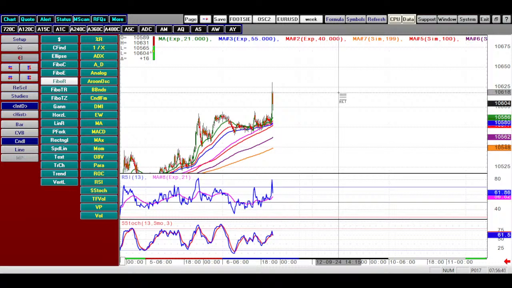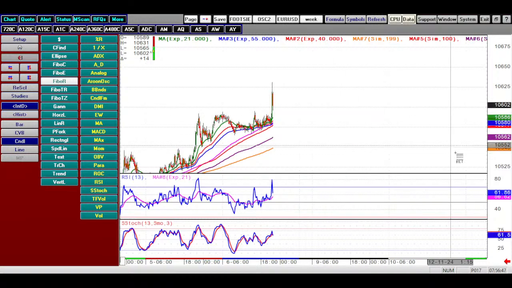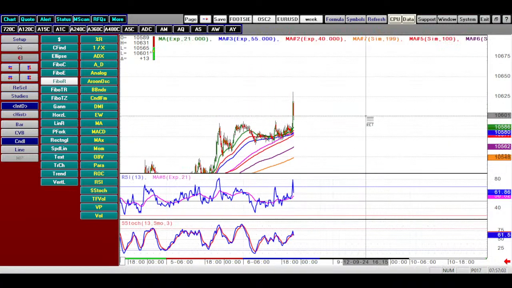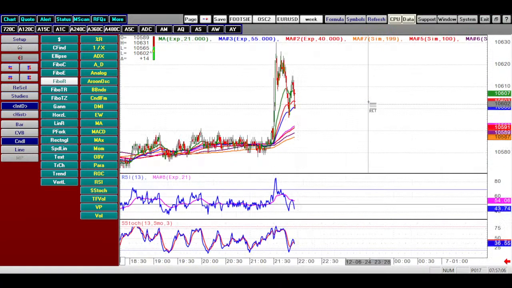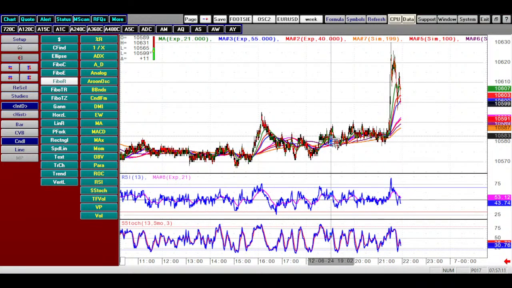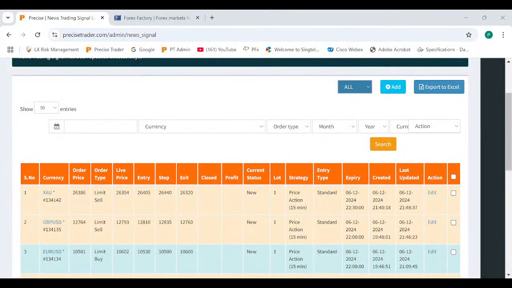So the euro and the pound, I think it may start to move in our favor. Remember, I told you that we expect this break to happen today, right?